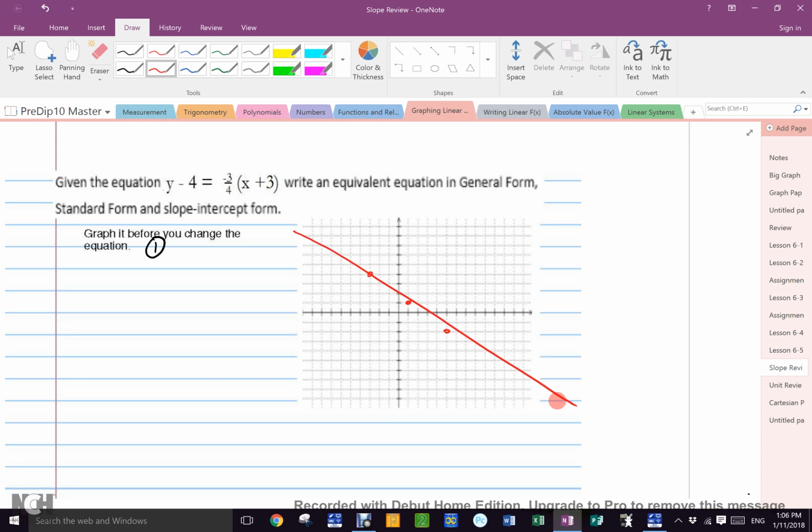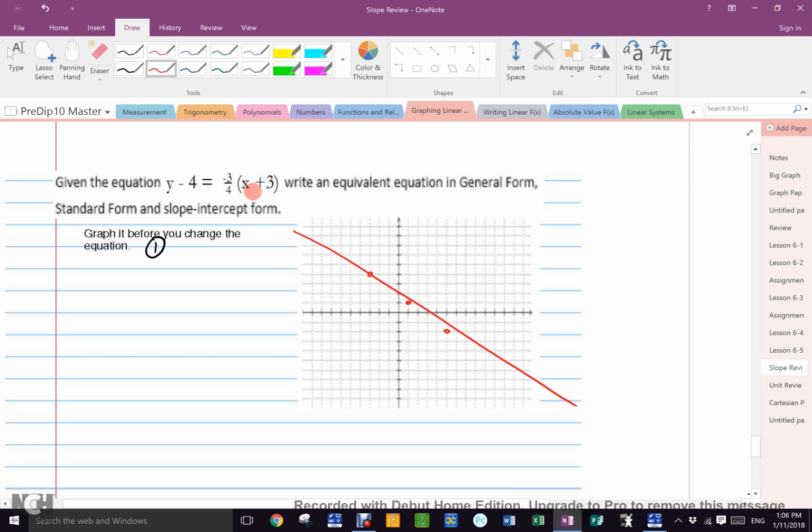I personally like to get this to general form when I'm starting with point slope form, if that's a fraction. If it's not a fraction, then I take this and put it into slope intercept form. It depends on what you are being asked to do, just like in real life. Paint that bathroom.